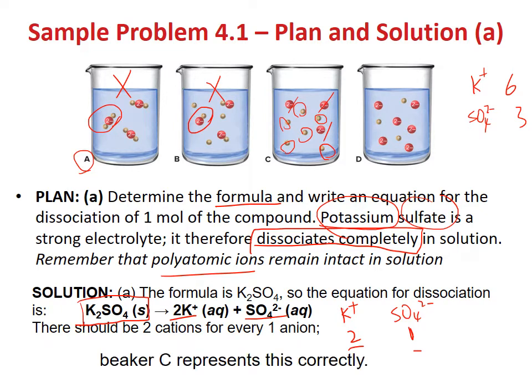Now let's look at D. In D also cation and anion are dissociated. But if you count cations, we have 3, but anions we have 6. So the ratio is not consistent with the equation, that the cation should be twice the anion, and therefore D is not right.